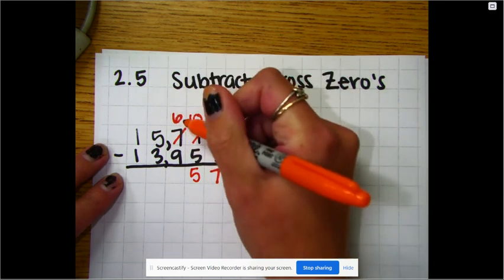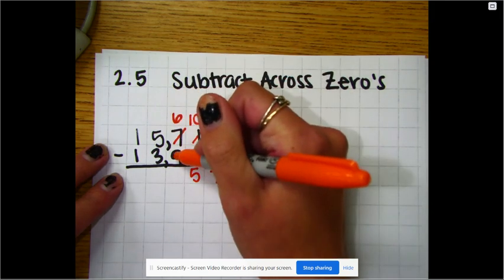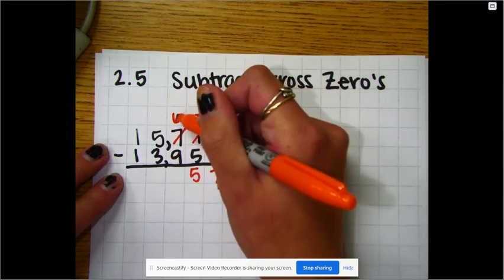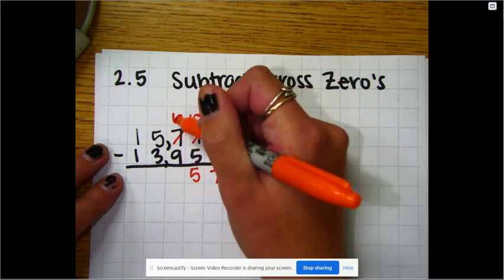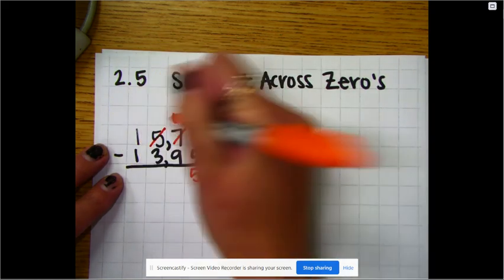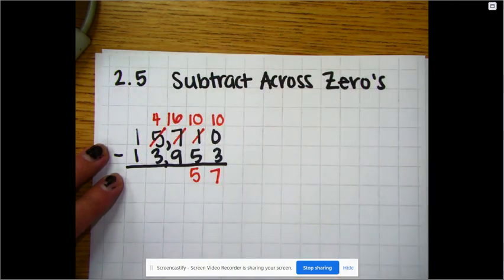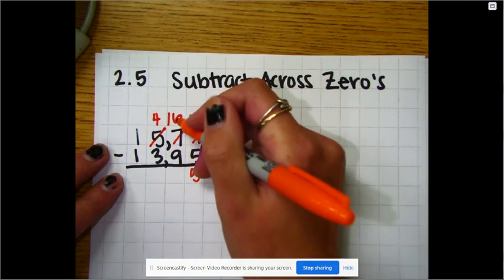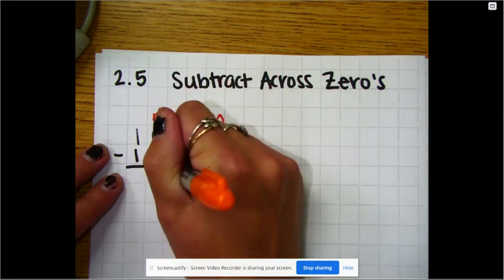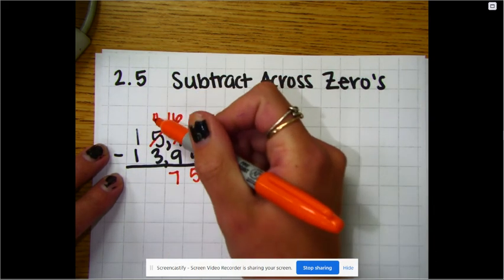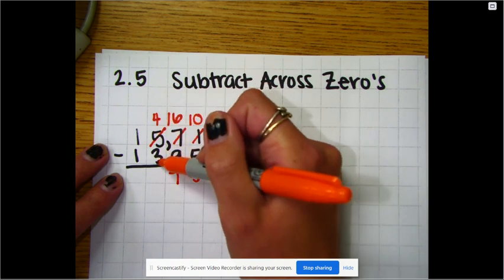Our next step, move to the hundreds. 6 take away 9. This value is less than this value, so I need to borrow. 5 becomes a 4. 6 becomes 16. 16 take away 9 is 7. All right, last two steps. 4 take away 3.